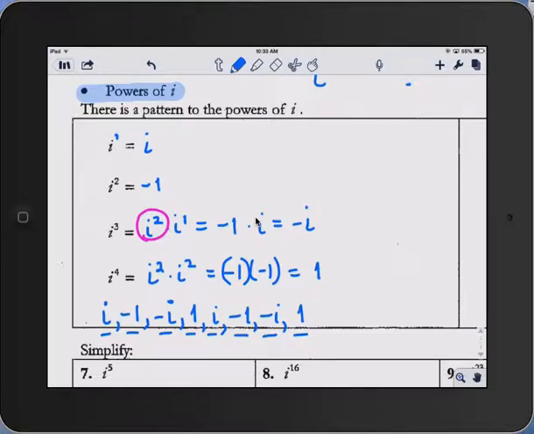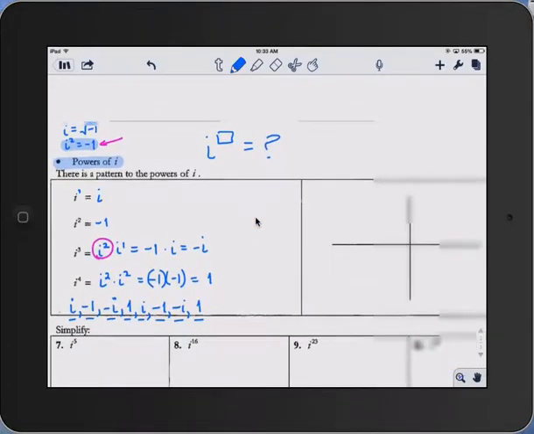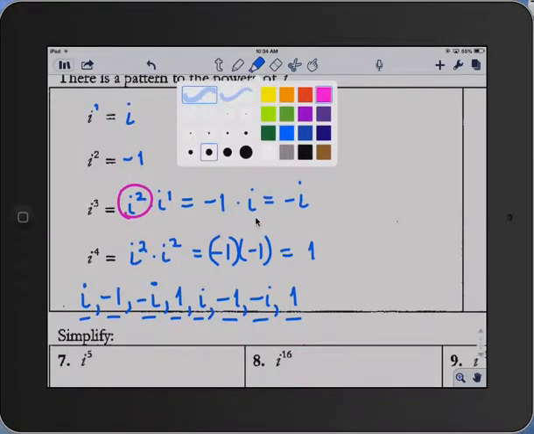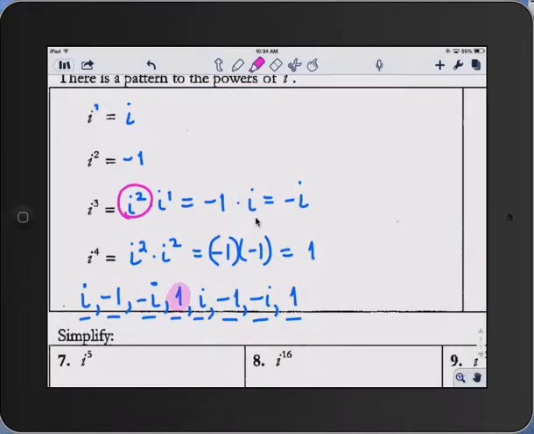Now you'll notice that whenever there's an exponent that's a multiple of 4, it'll equal 1.